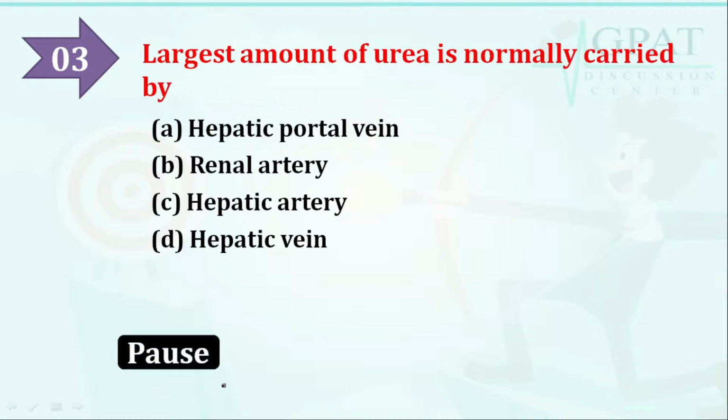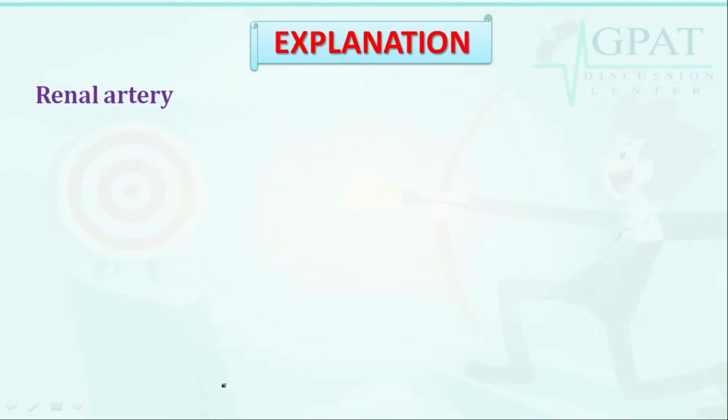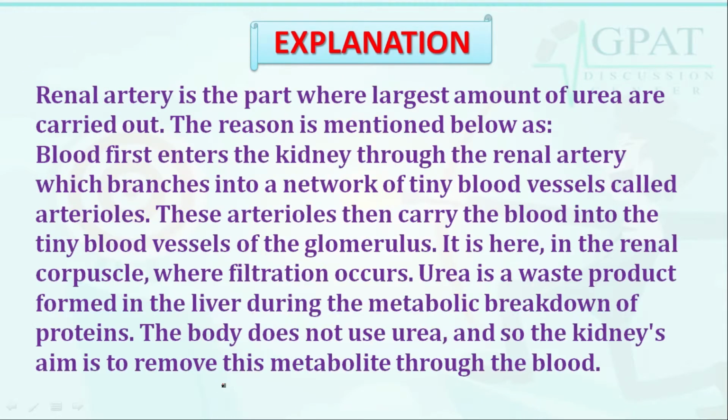The correct answer is renal artery. So here we have the explanation that the renal artery is the part where the largest amount of urea is carried.